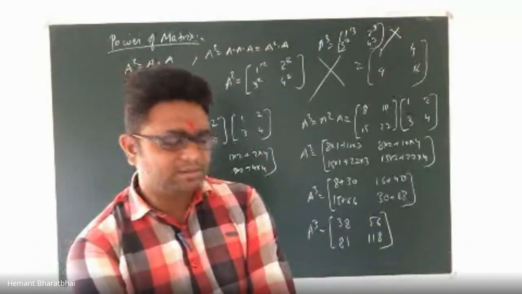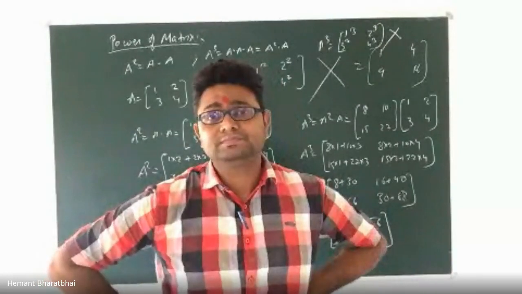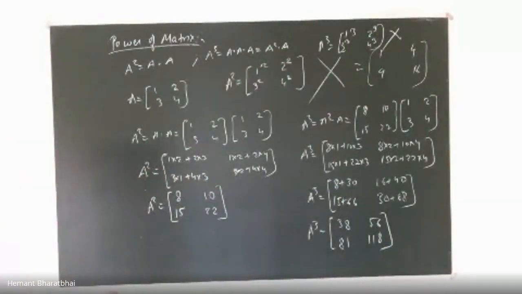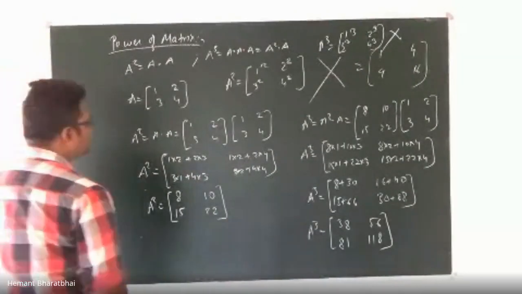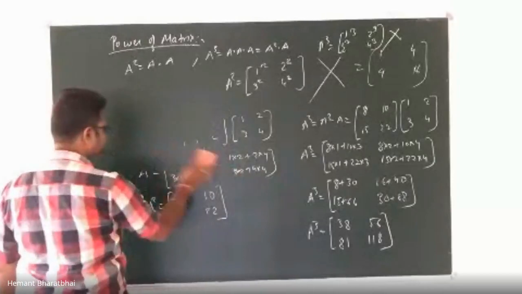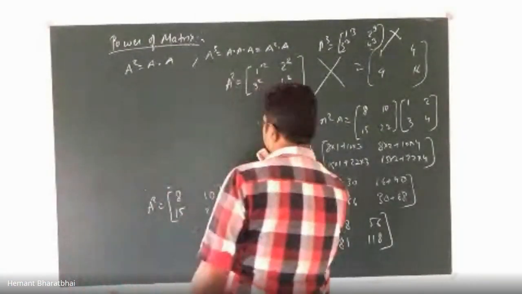So the way in which we apply the rules of algebra for the powers, the powers get added or the powers get subtracted, the same thing can be applied to the matrices also. You can apply the same thing to the matrix also.